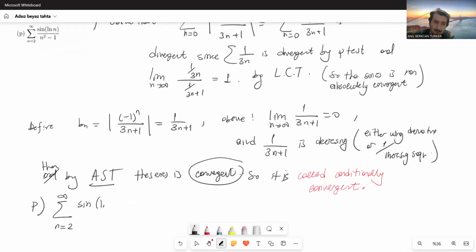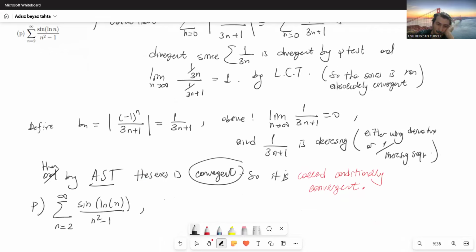Sin(ln n) over n squared minus 1. The denominator is bounded, I mean the numerator. So we are fine.